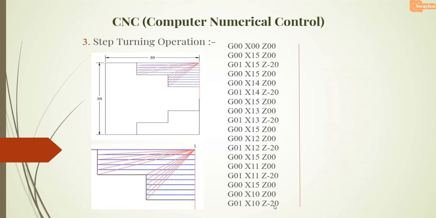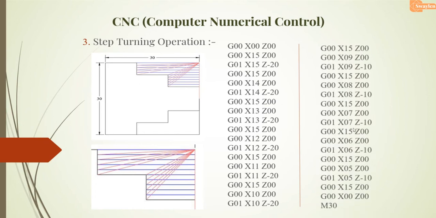Next program. Now you will see here X9 is the 1 cut, but the Z value is minus 10 here. Again 1 minus: X8, Z minus 10, X7, Z minus 10, X6, Z minus 10, X5, Z minus 10.